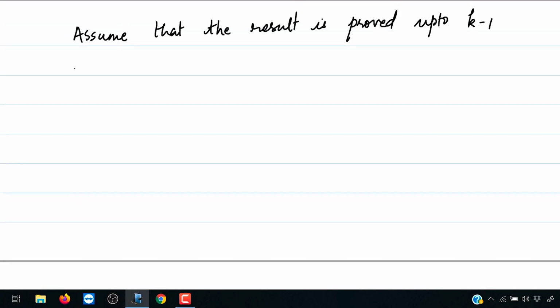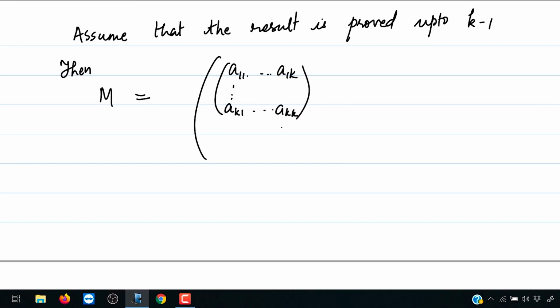So for the case k, M, then M be equal to, let me write down A explicitly for you. There will be A1k, Ak1 to Akk. This will be the first block, right? The capital A. And below will be a 0, which is of the relevant size. There will be a C and there is a B.